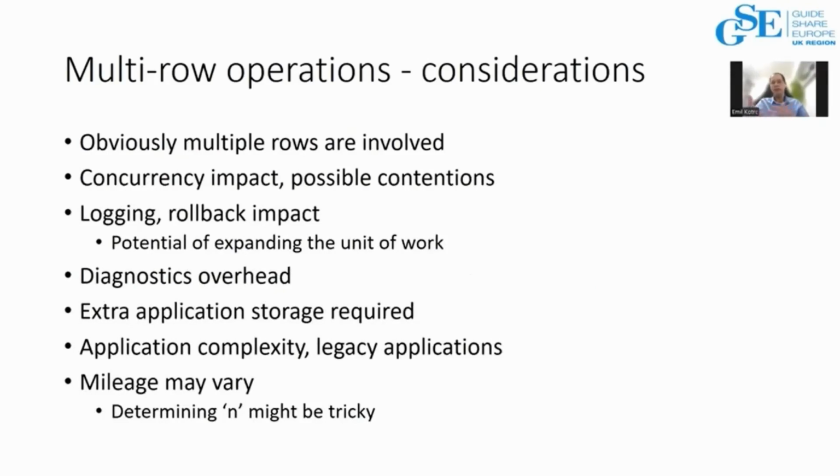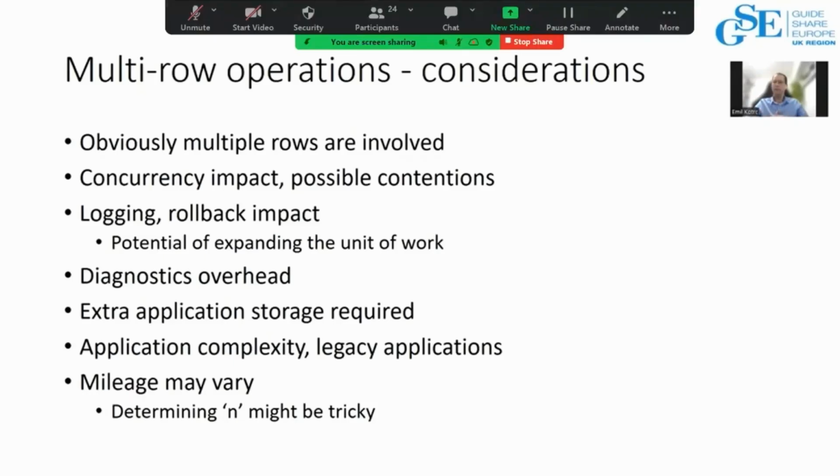So obviously, in multi-row operations, multiple rows are now involved, and it can have different implications. For example, there can be a concurrency impact. People do not often think about it, but if you think about how it works, if you do a multi-row fetch, now you need to think that all the rows that you fetched might be subject to some locking. So there might be some possible contentions you haven't seen before if you used a single row fetch only.